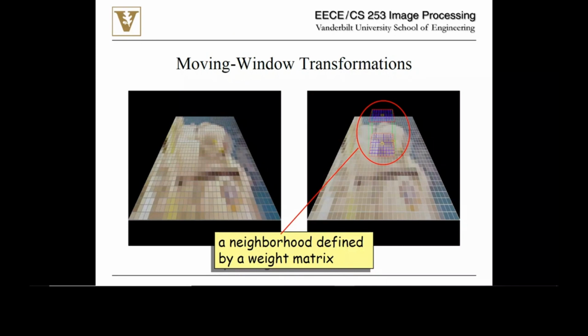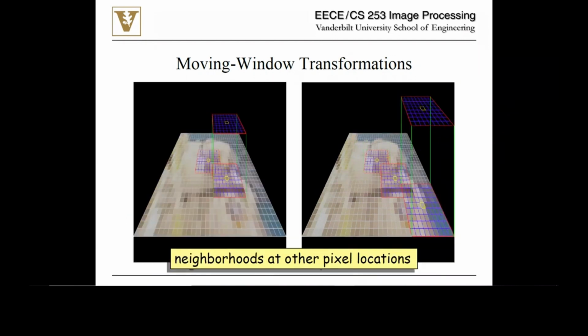The weights depend on the kernel that you are using, but it is a neighborhood, and it is the sum that we have been doing before. If you want to compute another output at another location, you shift the kernel to that location and make the same calculations around that point.